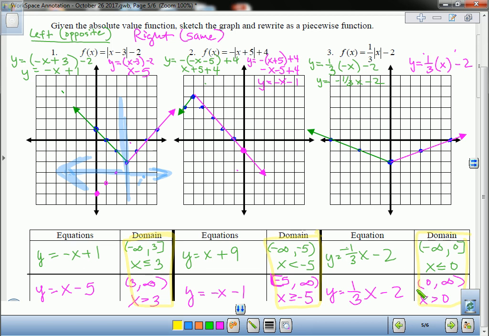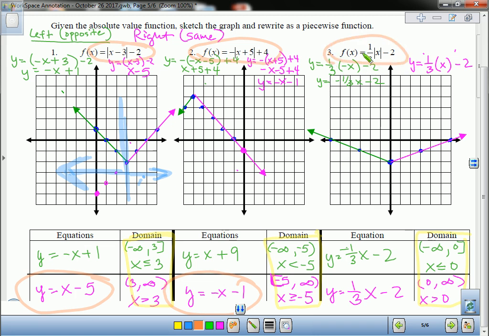Okay? Now the other thing I want us to notice, two things. The second thing I want you to notice is that on every single one of these problems, whatever sign this was is the same as the right side. That was positive, this one's positive. Whatever sign this was, negative, is the same as the right side.